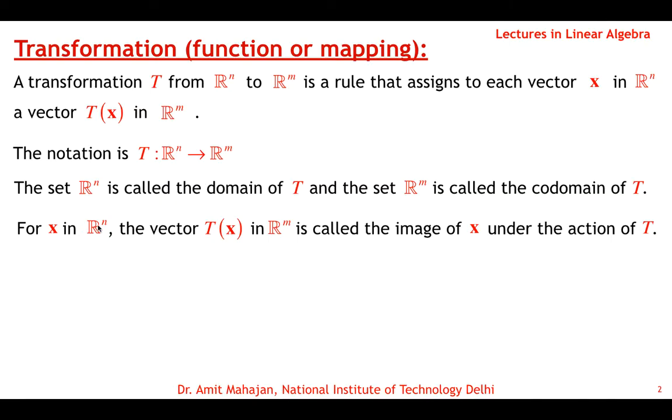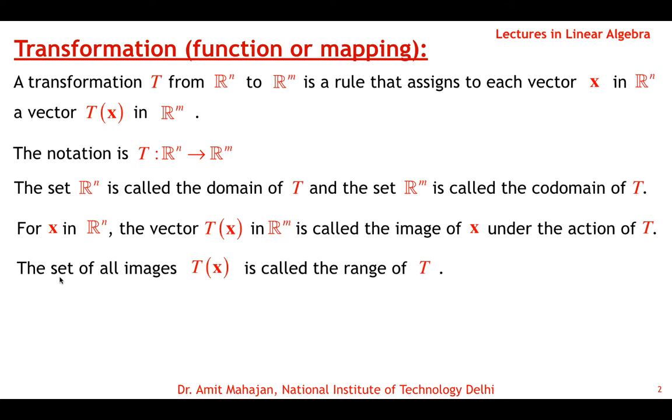So for every x in Rn, the vector Tx which is in Rm is called the image of x under the action of the transformation T. If we take every vector x from the input, then T of x will be vectors in Rm, and this set of all vectors Tx is called the range of T. So the set of all images of the x vectors coming from Rn is called the range of T.